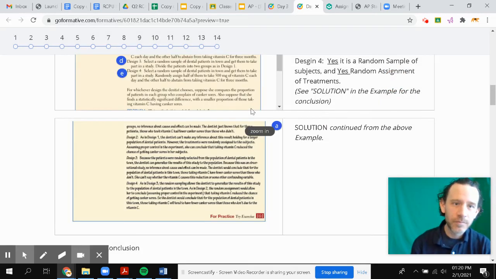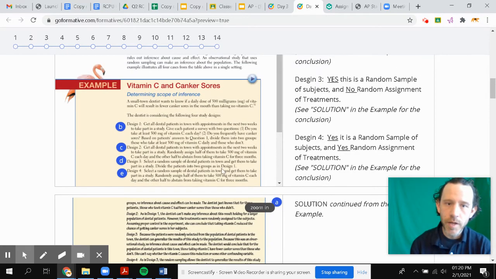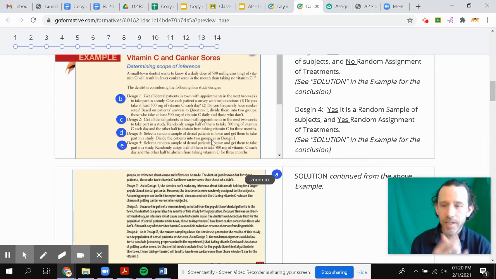Design 3, if we look at design 3, select a random sample. Sorry, that's kind of small print, but select the random sample of dental patients in town and get them to take part in the study. Divide the patients into 2 groups as in design 1. If we go back to design 1, remember we're just basically asking them.